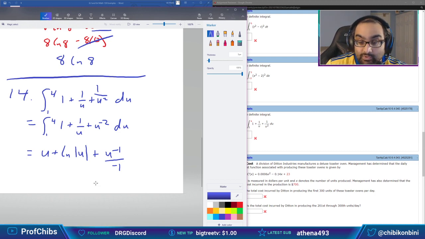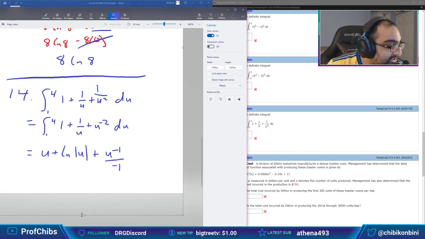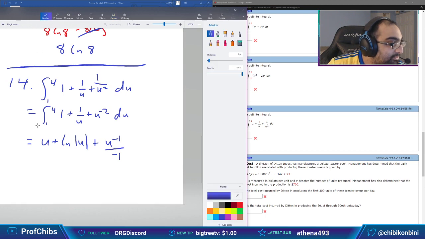So that's what we have here so far. Let's make it a little bit easier to digest, and then we'll go ahead and plug in the numbers. And then we should get, hopefully, a nice answer. We get u plus the natural log of the absolute value of u. And then we have a minus, because we have a minus sign down here with the minus 1. And we have u to the minus 1.